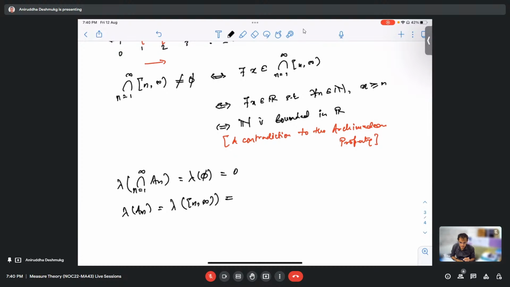Infinite, right? This length is infinite. So what about the limit of these lengths? Infinite, right? Because it is a constant sequence. This is plus infinity, but this is not equal to 0.